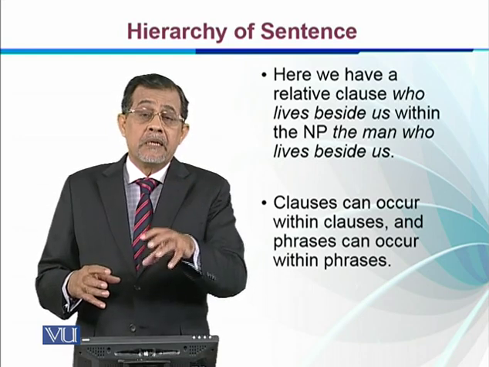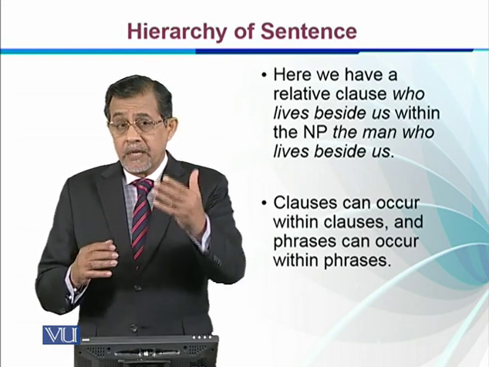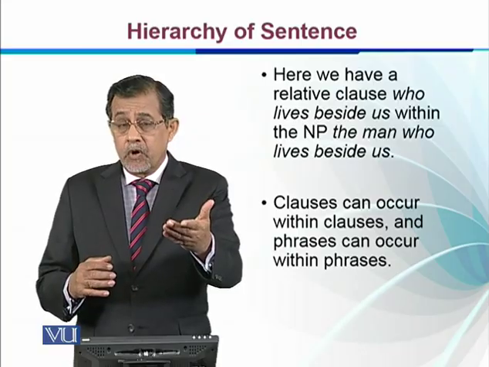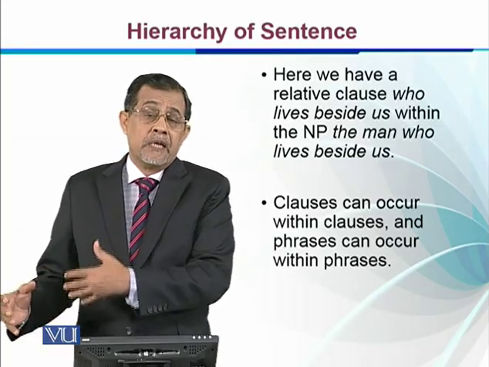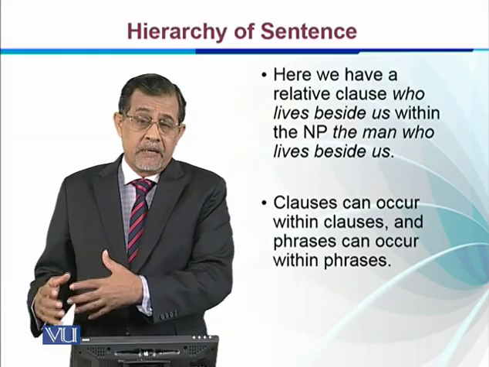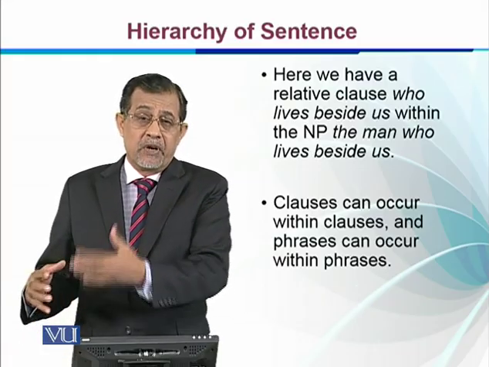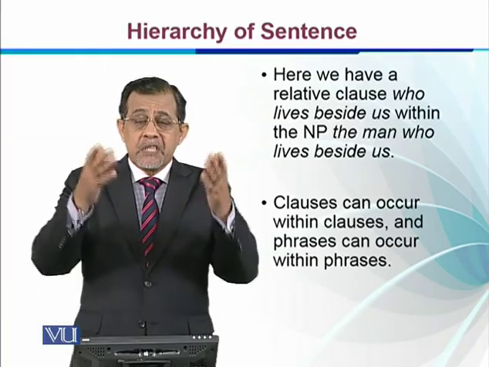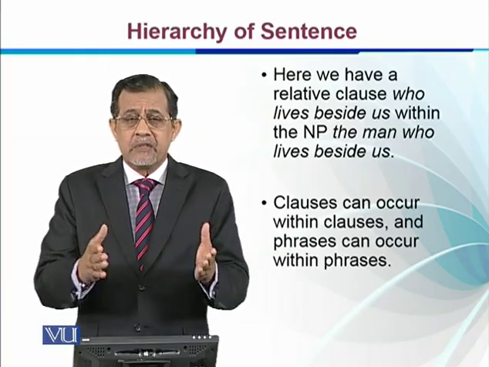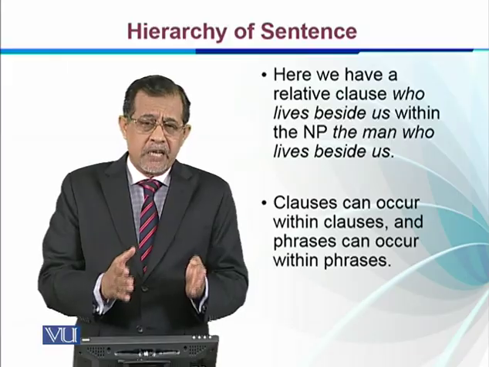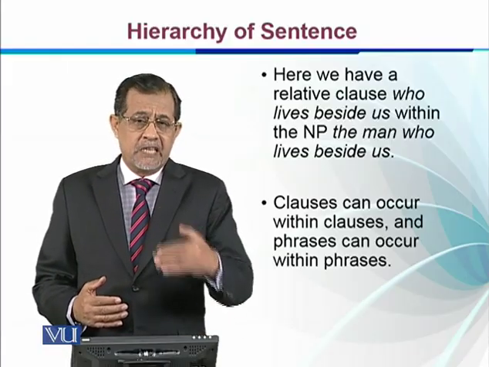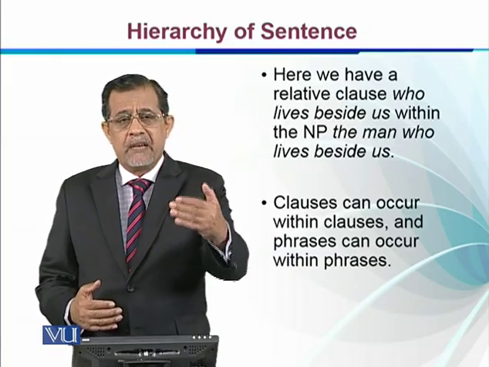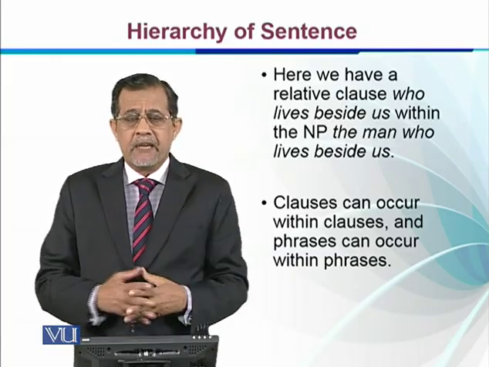And similarly, a phrase, which is lower in rank than the clause, can have a clause as its subordinate modifier, or in modification position. So this is generally the hierarchical scale of a sentence. At the bottom we have word, then we have phrase, then we have clause, and then we have sentence. At the top we have sentence.